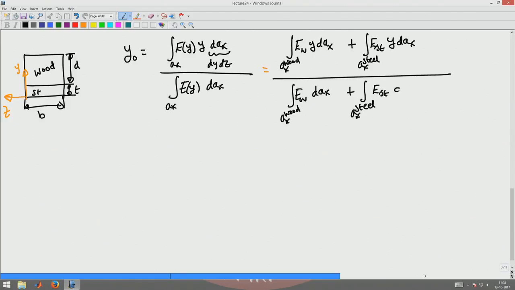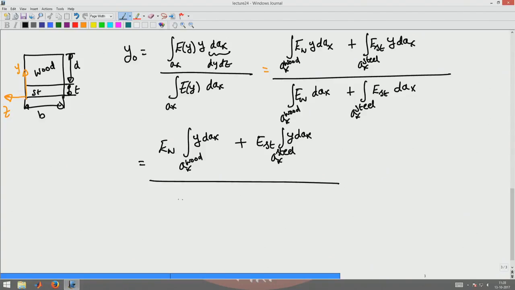E steel dAx. Now, I can pull out E wood and E steel outside the integration because they are constants. So, I will get E wood into the integral of y dAx over Ax of wood plus E steel times the integral of y dAx over Ax of steel.